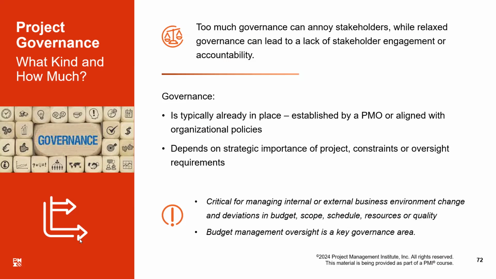So governance is typically already in place, whether you know it or not. There is some kind of environment, some kind of circumstance in your organization in which governance exists in a transparent way, but it should be in black and white.